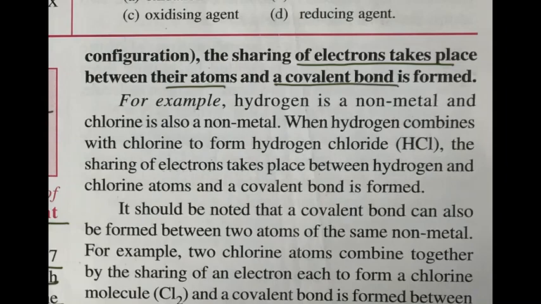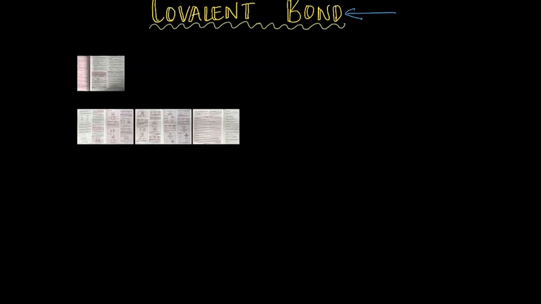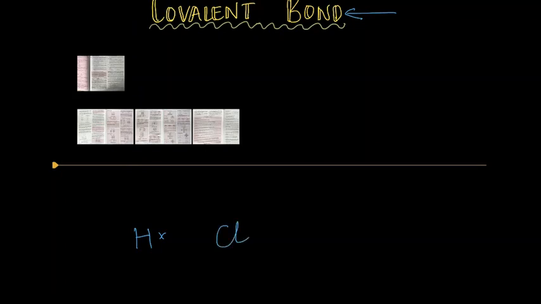I already explained how hydrogen forms a covalent molecule. In a similar way, hydrogen chloride will form a covalent molecule by sharing electrons. Let's take a quick look. Hydrogen has 1 electron in its outermost orbit, and chlorine has 7: 1, 2, 3, 4, 5, 6, 7.